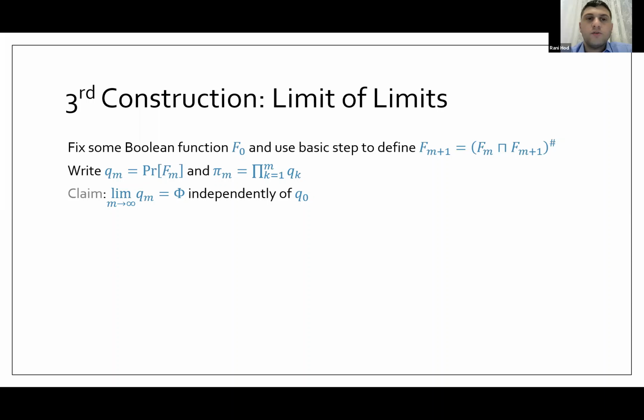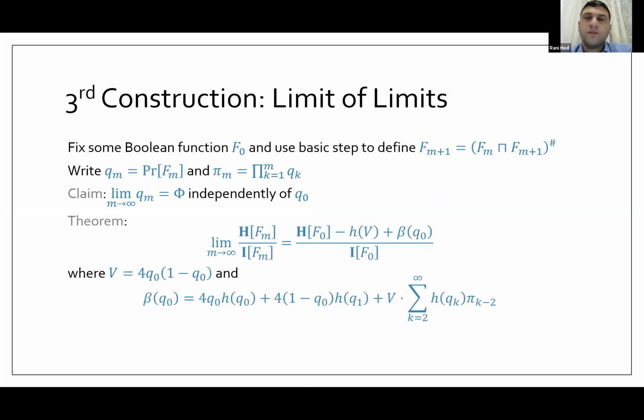This sequence converges to the inverse golden ratio. So we know what is going to be the value, this probability of the function, as we go to higher m. And also we can multiply these q's, q0 times q1 times q2.